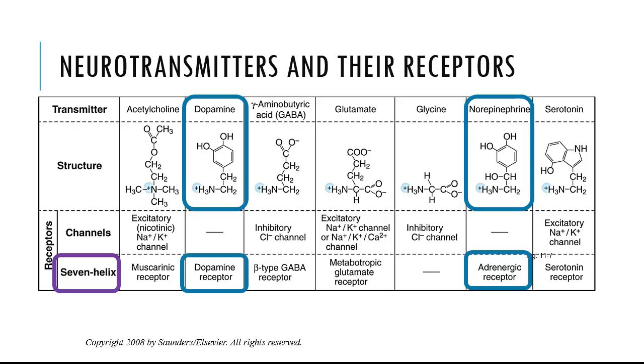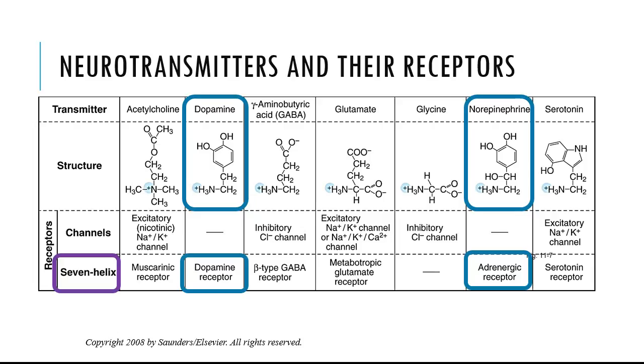So adrenergic receptors do activate G proteins, which may cause some cells to excite, may cause some cells to inhibit. We gave an example of epinephrine at the liver tissue, where we saw glycogenolysis and gluconeogenesis. In fat tissue, our adrenergic receptors cause lipolysis.